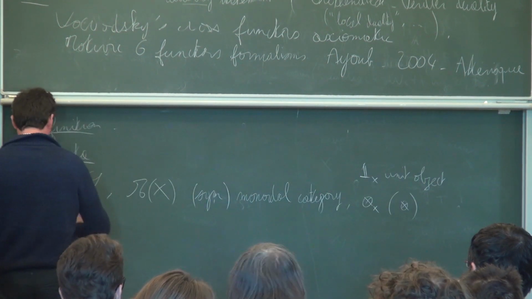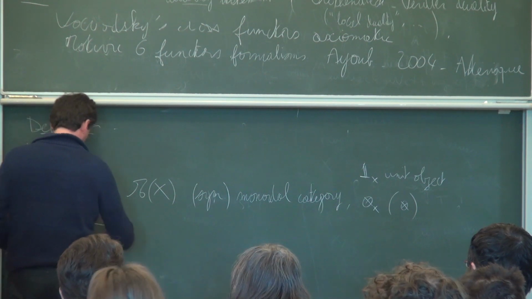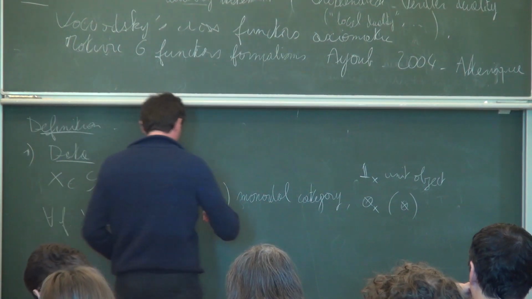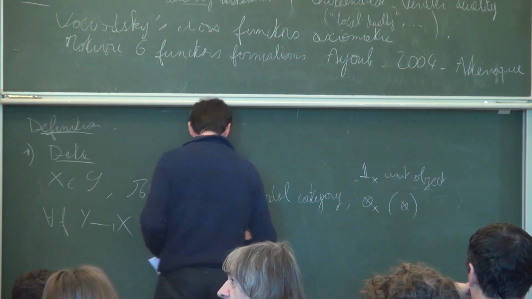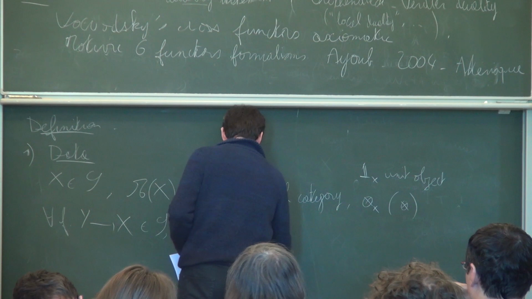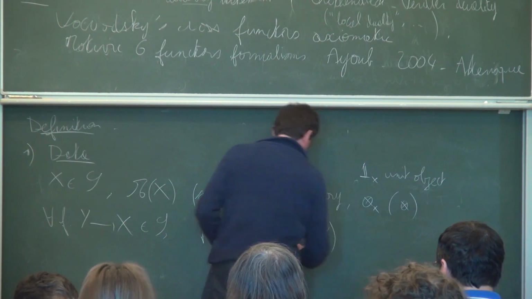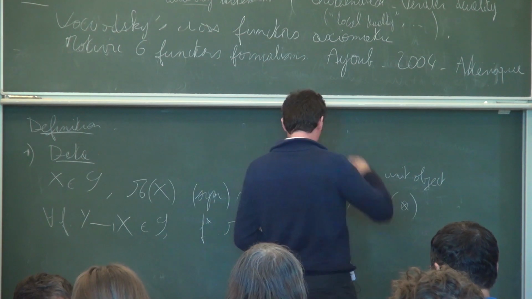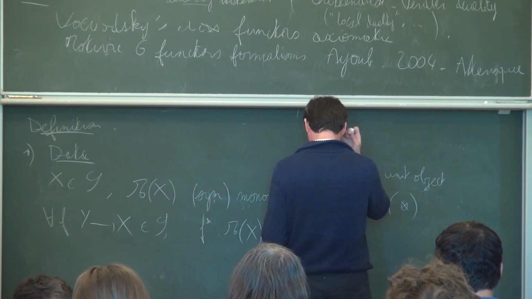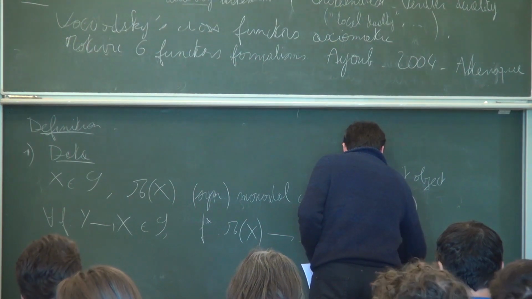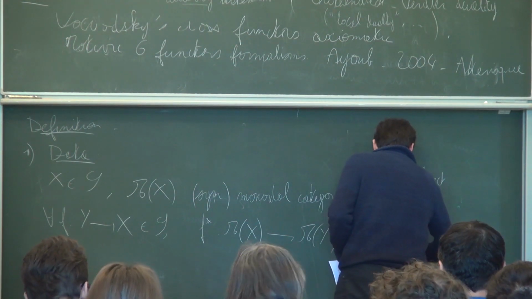Also, for all morphisms f from Y to X in S, we are given a base change functor f upper star from M of X to M of Y, which is again symmetric monoidal.